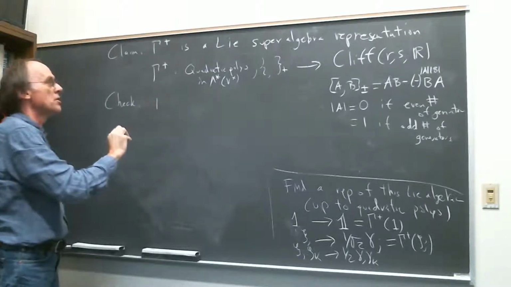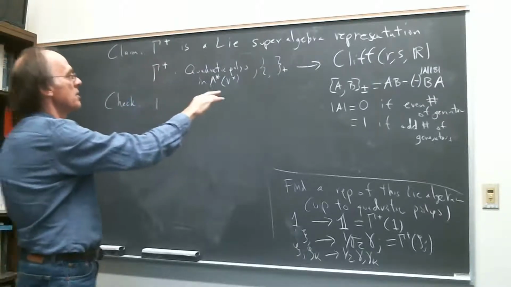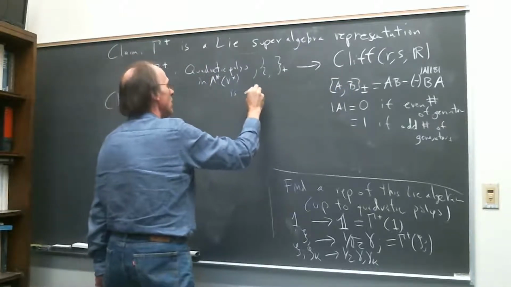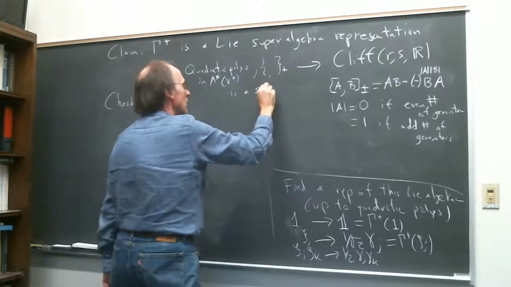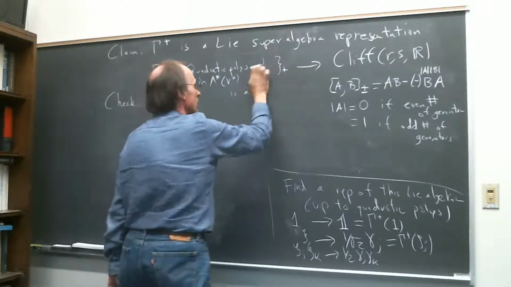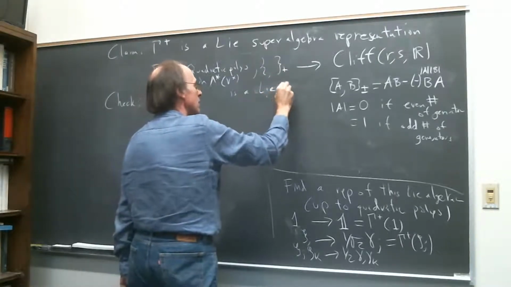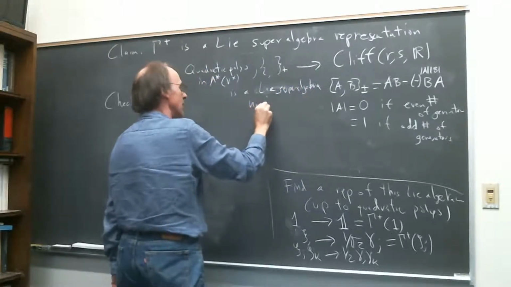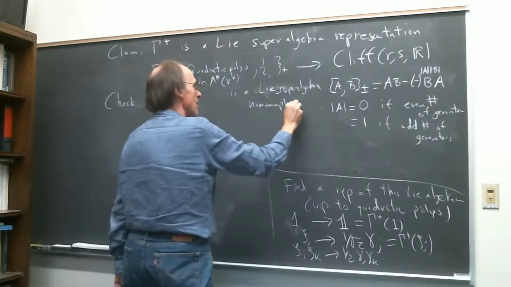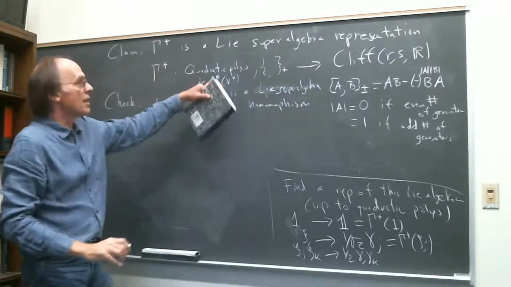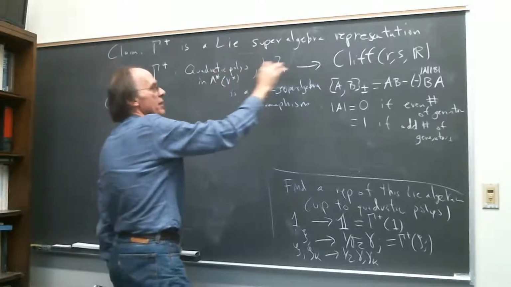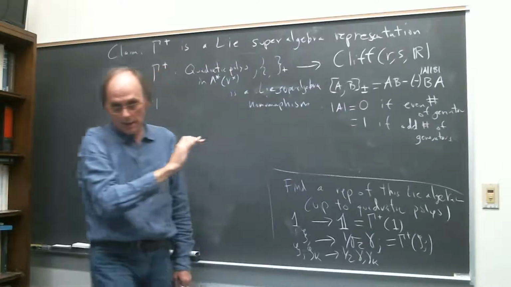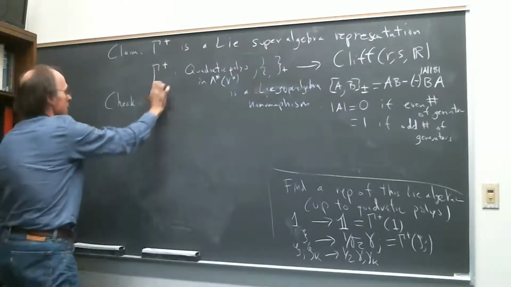This back here is a Lie superalgebra, and a super homomorphism. What that just means is that when you map from here to here, this bracket goes over to this bracket. So let's check this in an example.